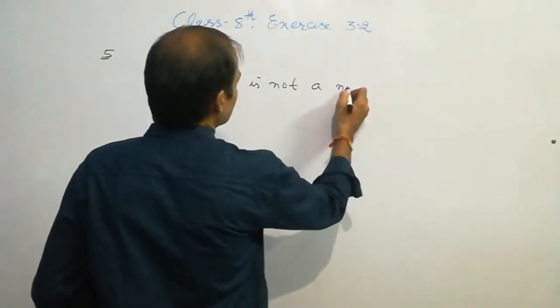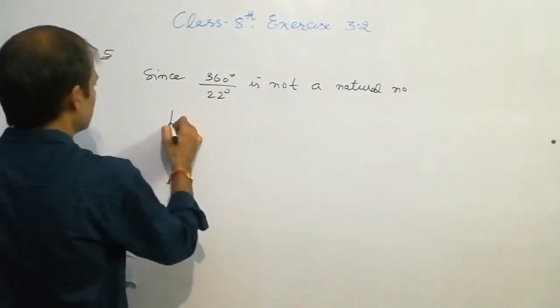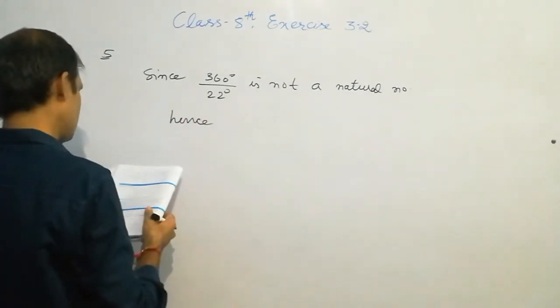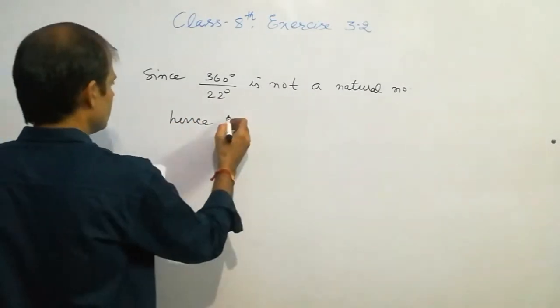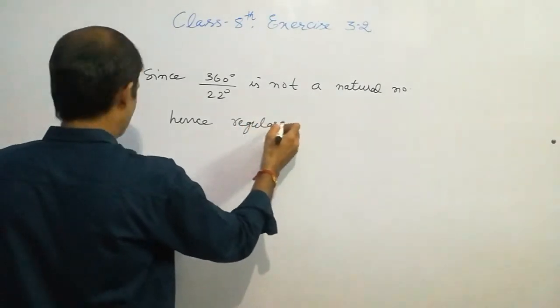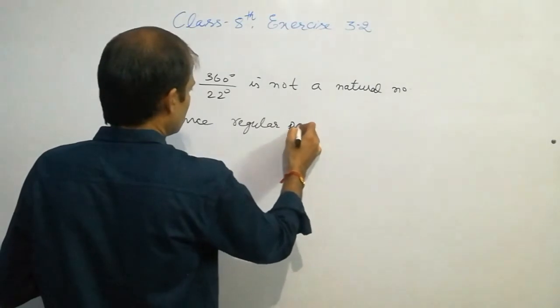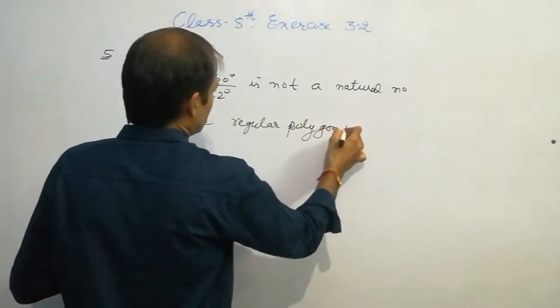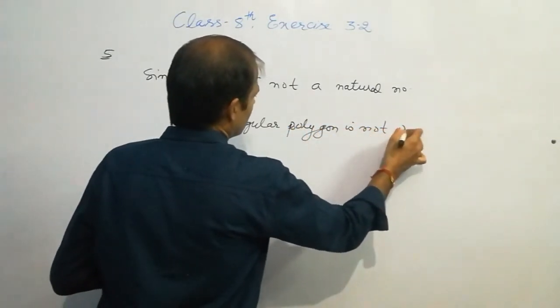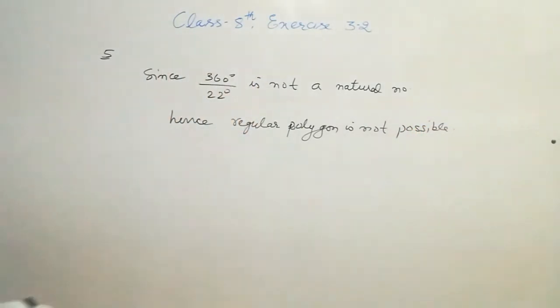Is not a natural number, hence regular polygon is not possible. So check the answer.